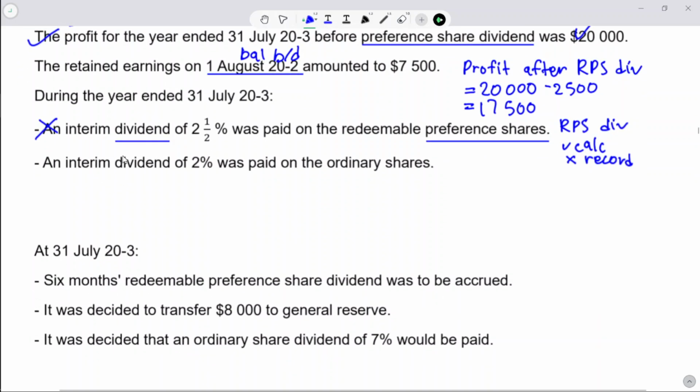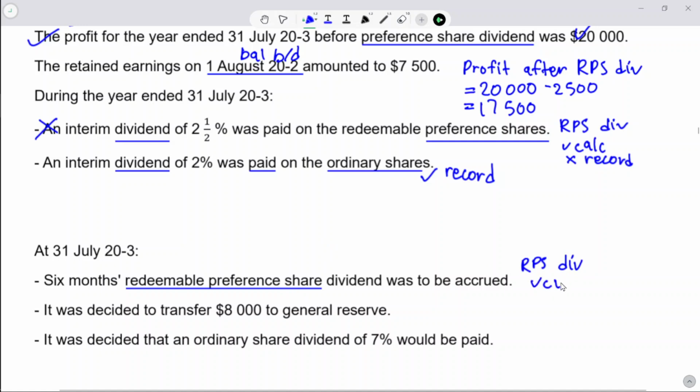For this one, ordinary share dividend paid, this one we record. Continue, this one is RPS dividend again.